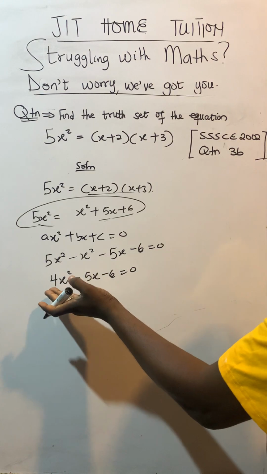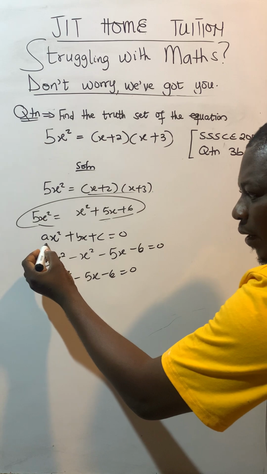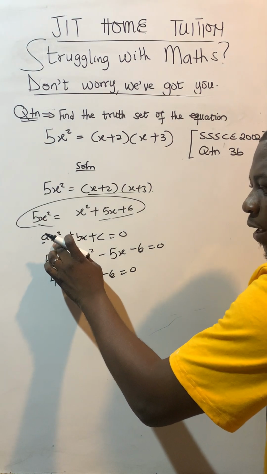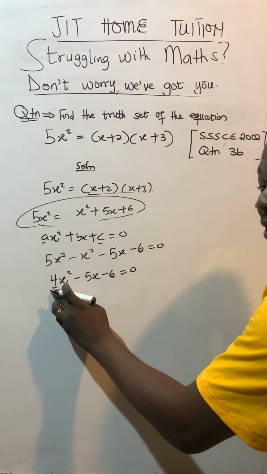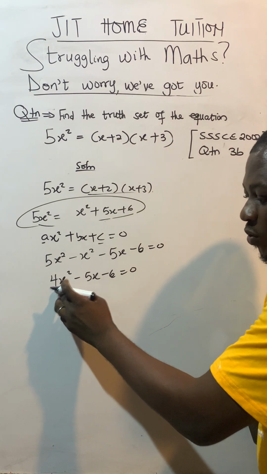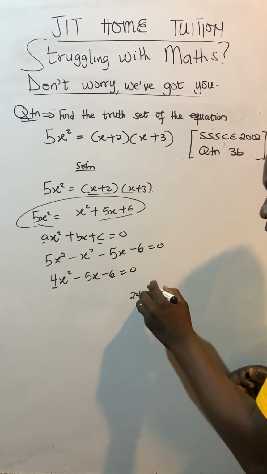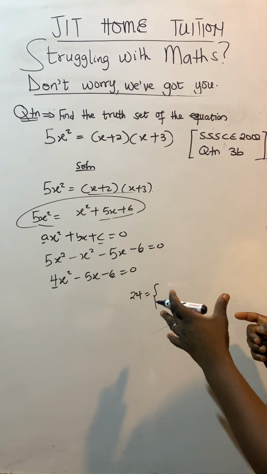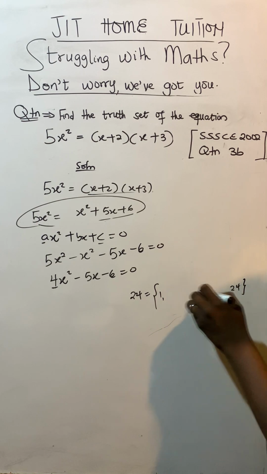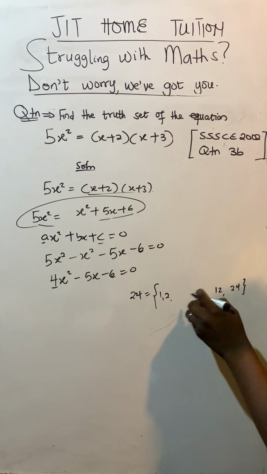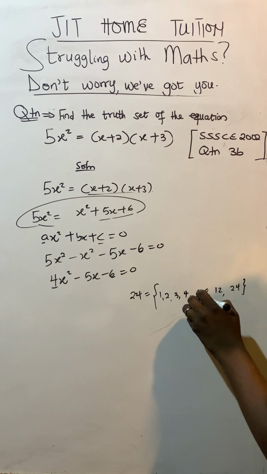From here, you can see that this is now in the form of ax squared plus bx plus c. Now, the a, which is the coefficient of x squared, will multiply the c. In this case, the coefficient of x squared is 4. The 4 will multiply the c, which is negative 6, so you have negative 24. Out of that, you need to find the factors of 24: 1 and 24, 2 and 12, 3 and 8, 4 and 6.